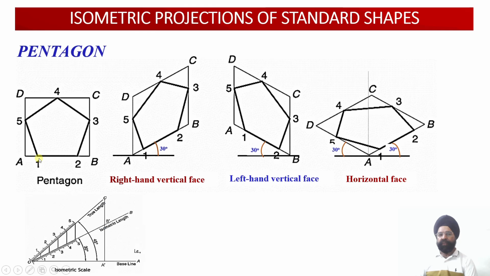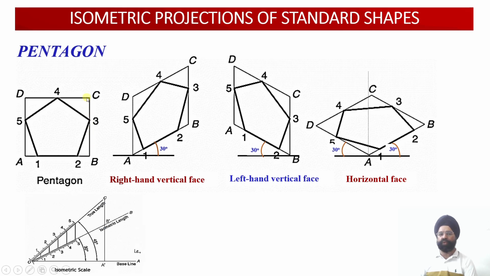First of all, we are going to make a simple geometric construction of a pentagon as usual. Forget that we have to draw the isometric projection. Having drawn this construction of the pentagon, we mark the points 1, 2, 3, 4 and 5. Finally, once this construction is over, we need to inscribe this pentagon into a rectangle.